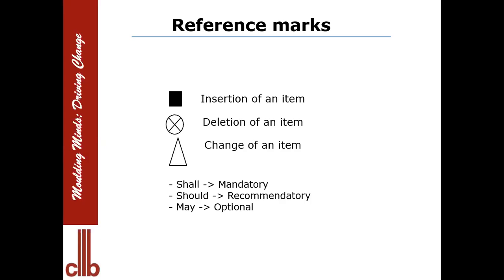Whenever they use the word shall, it means mandatory, wajib. You have to get that done. The word should means recommendatory, digalakkan. And the word may means optional, up to you. It's completely up to the country, the state, or the shipper involved in the movement.